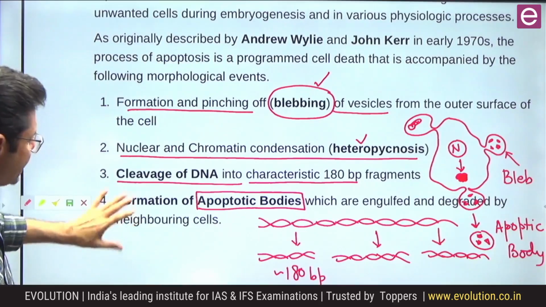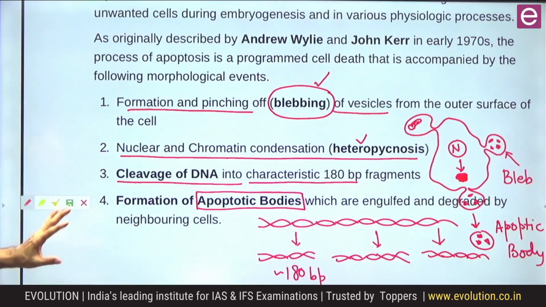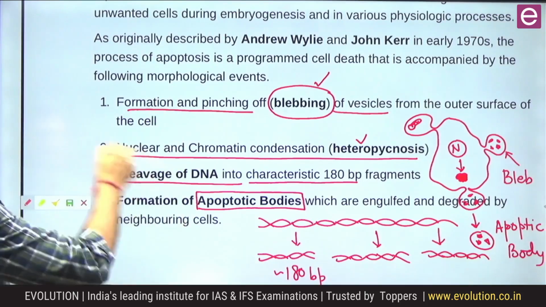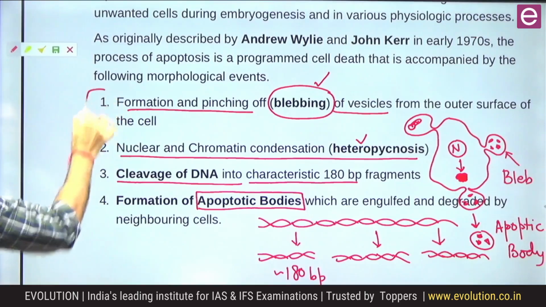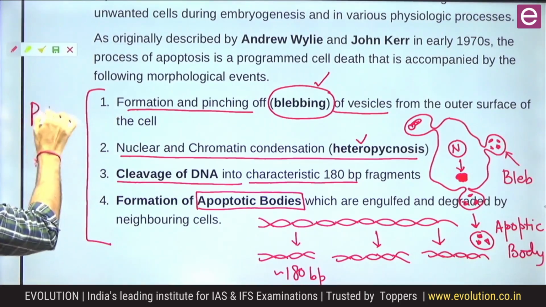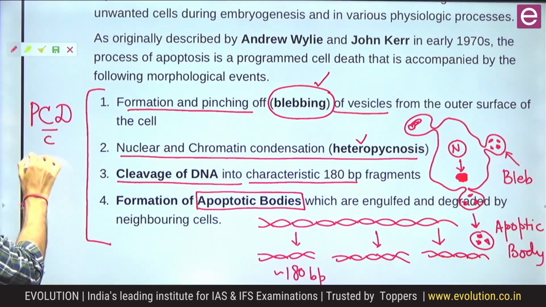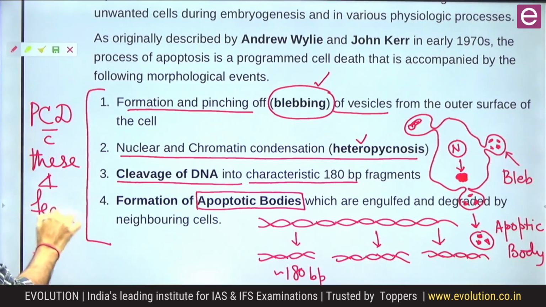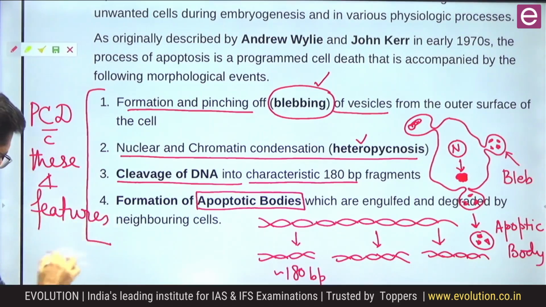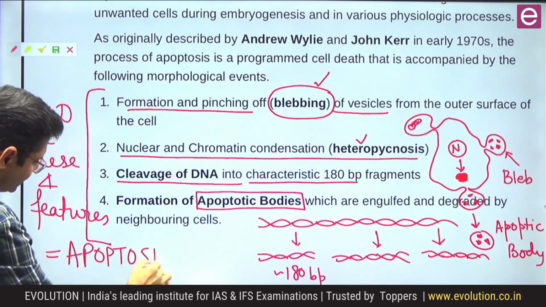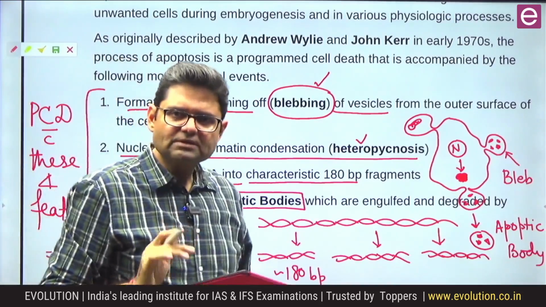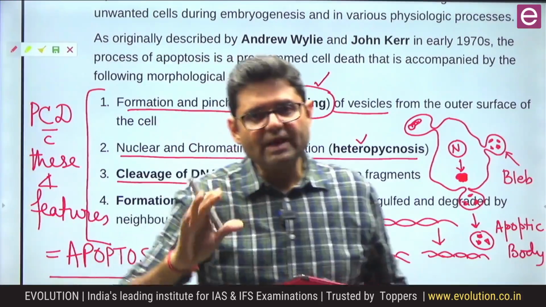These apoptotic bodies are engulfed and degraded by the neighboring cells. So a PCD with these four features is known as apoptosis. Apoptosis is not synonymous to PCD. It is a type of PCD.